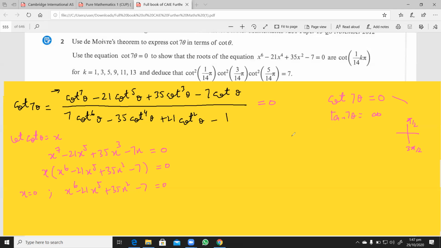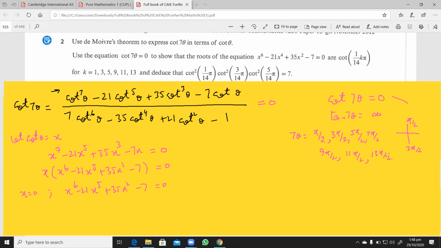So this would be 7 theta is going to be pi by 2. Okay. And if I write it as pi by 2, I will be writing 3 pi by 2. And then I have 5 pi by 2. I have 7 pi by 2. Then I have this 9 pi by 2. I have this 11 pi by 2. And I have this 13 pi by 2.